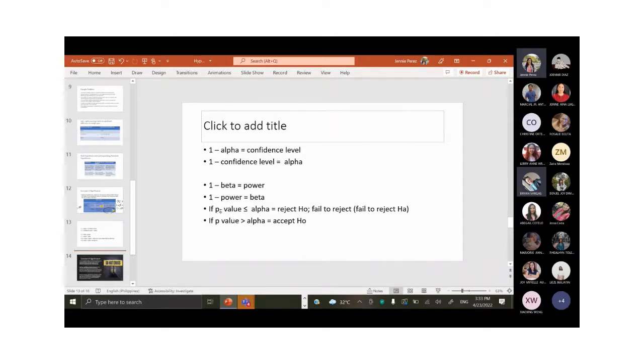Our aim as a researcher, if we want to prove our hypothesis, is this: we want the p-value to be less than or equal to the alpha. Now, if our p-value is greater than the alpha, we accept our null hypothesis.